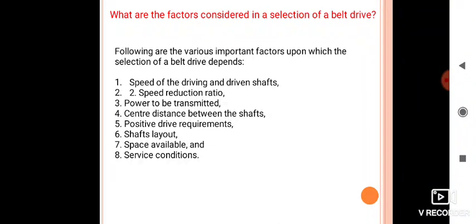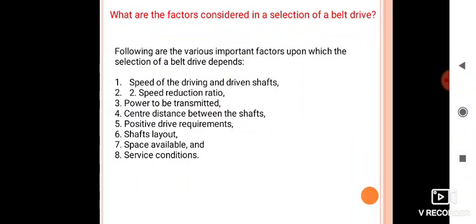Positive drive requirements. What other requirements apart from these four conditions should be required. Then shaft layout should also be considered, because how much distance and space is required, and any other obstructions.